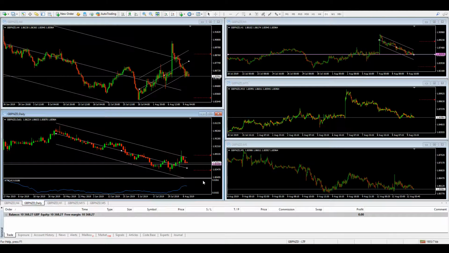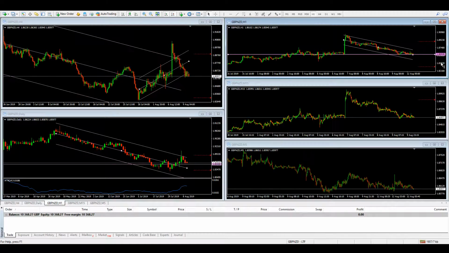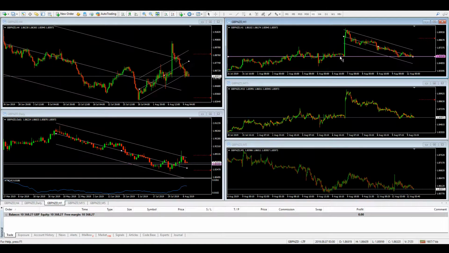So yeah, that is tradable. A more conservative trade would be waiting for it to break that support, waiting for the price to come down, move past these lows, probably see some support off of the lower standard deviation channel and pull back.